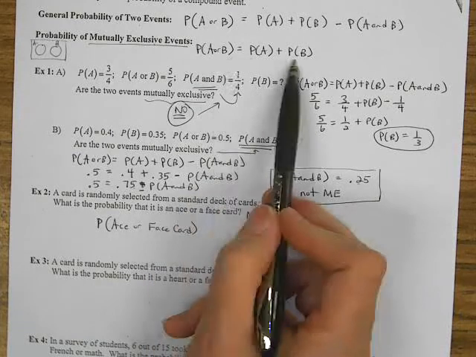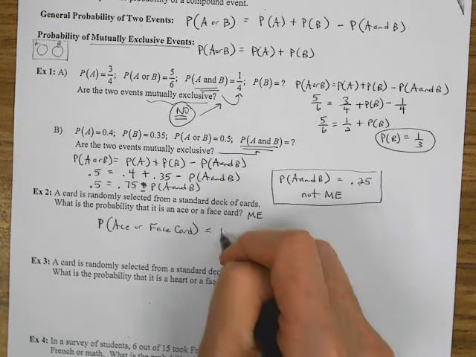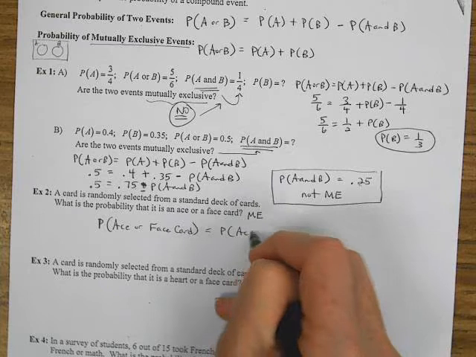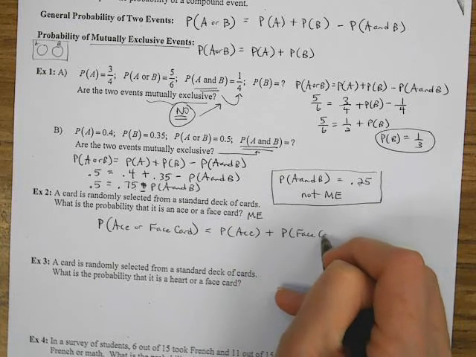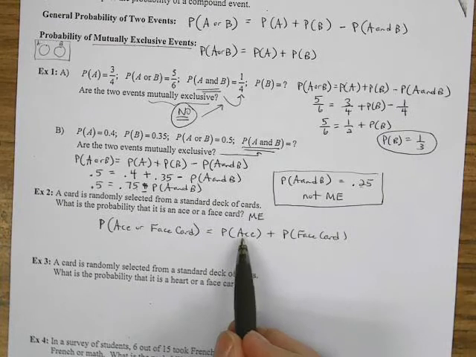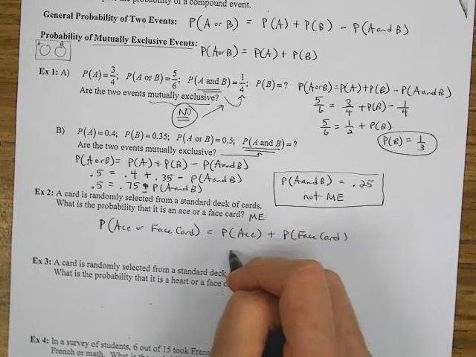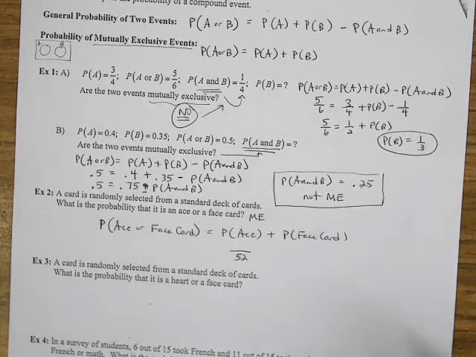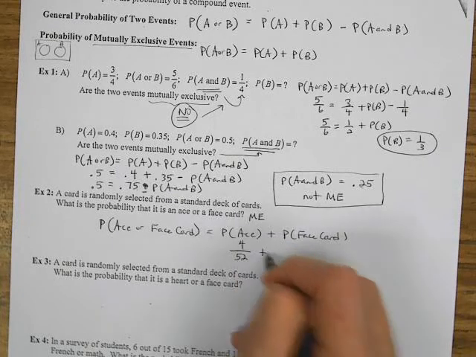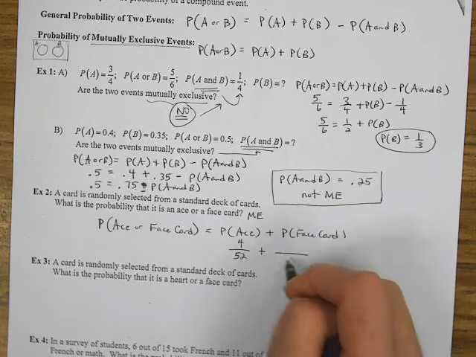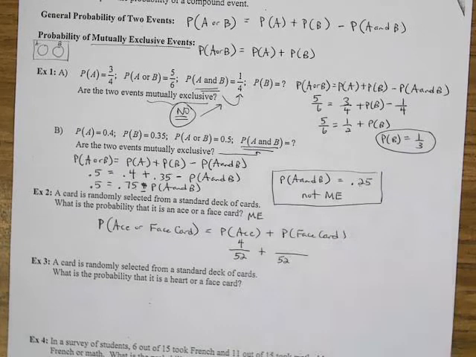So I can just consider this formula, which is the probability that it's an ace plus the probability that it's a face card. The probability that it's an ace. Well, there are 52 cards in the deck. That's my total number. There are 4 aces. Plus probability that it's a face card. Well, there are 52 cards in the deck.